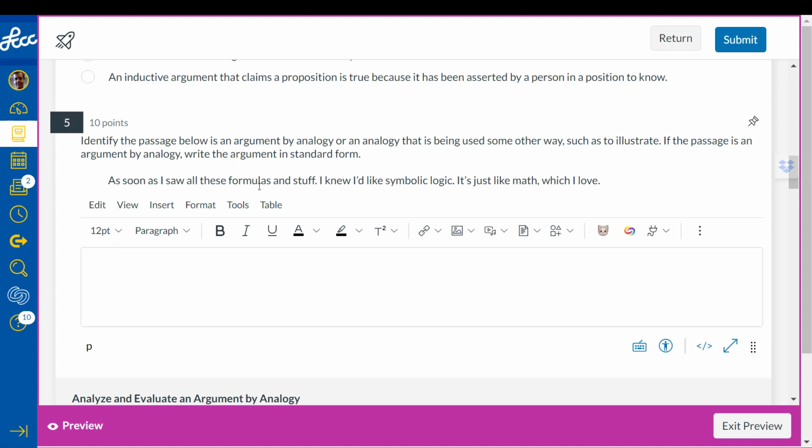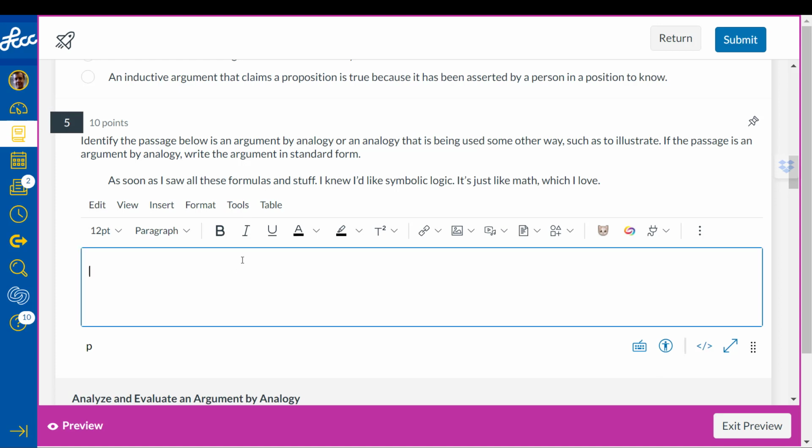They know something about math and they're inferring something about logic. So we go like this. Argument by analogy. P1: Logic is like math in that they both involve symbols.